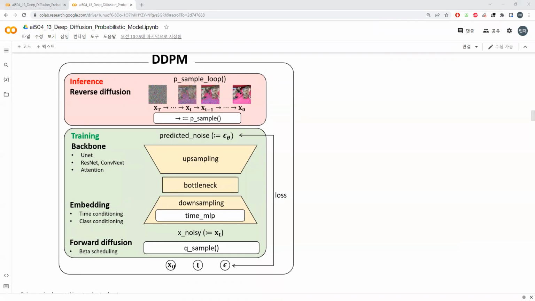If you want to understand DDPM, I will wait for 10 seconds. Okay.